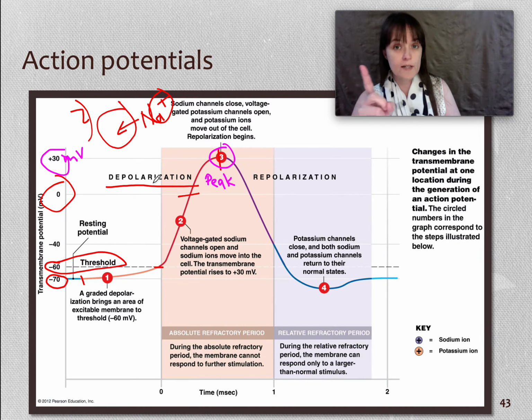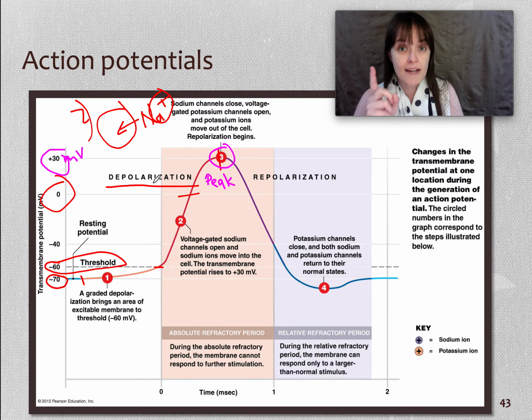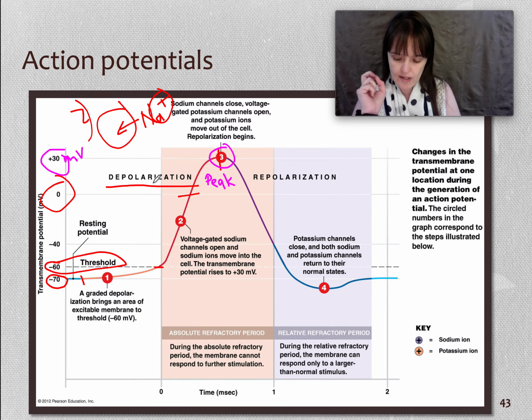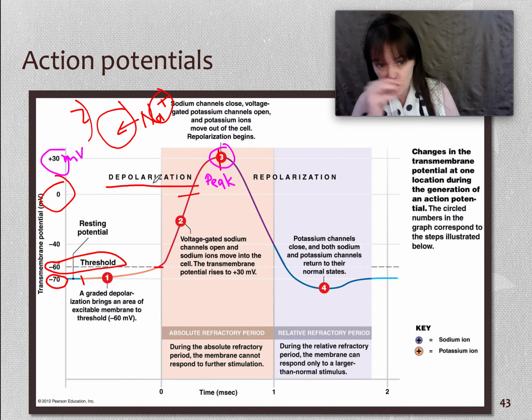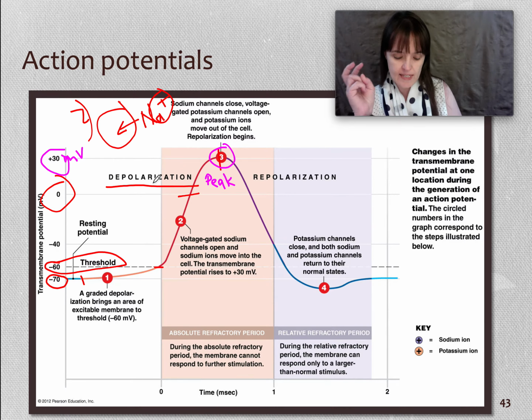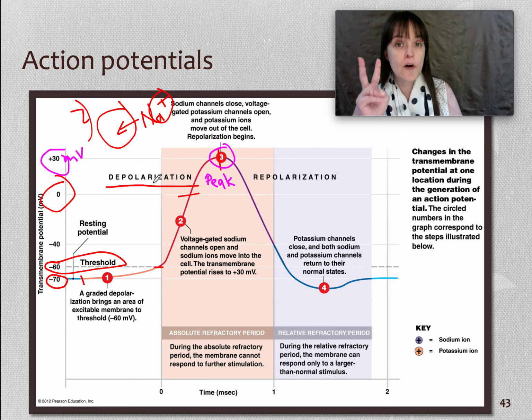One thing we've already talked about: it closes the inactivation gate on the sodium ion channels. So you get no more positive ions rushing into the cell, and it stops getting less negative, or in this case, more positive. The second thing that happens is it opens voltage-gated potassium ion channels.